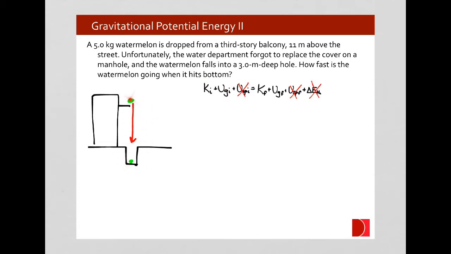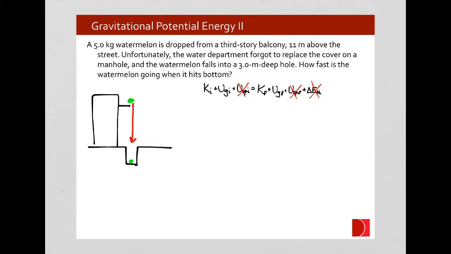Since we're moving up and down, we do have to consider this gravitational potential energy. And whenever you have gravitational potential energy, you do need to have a reference height from which you measure all the other heights for your gravitational potential. Now, I typically like to put my reference height at the very bottom, and so then all of the gravitational potentials are positive relative to that lowest reference.